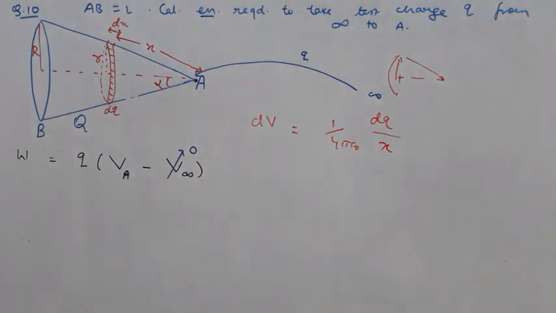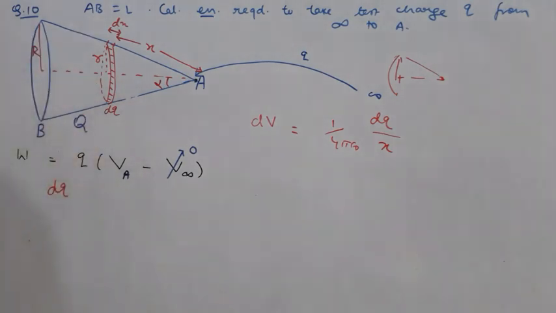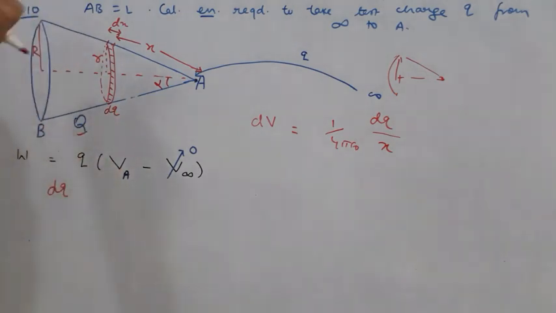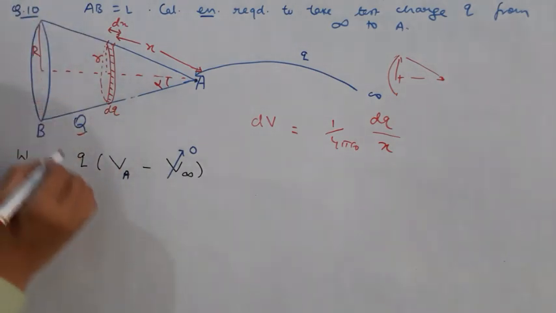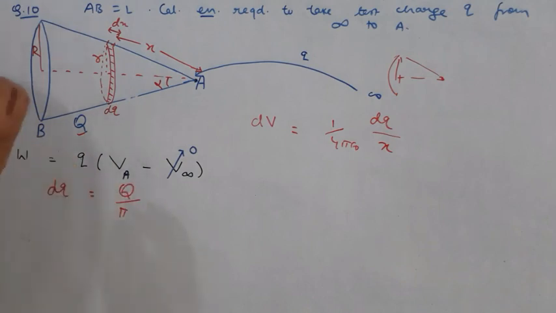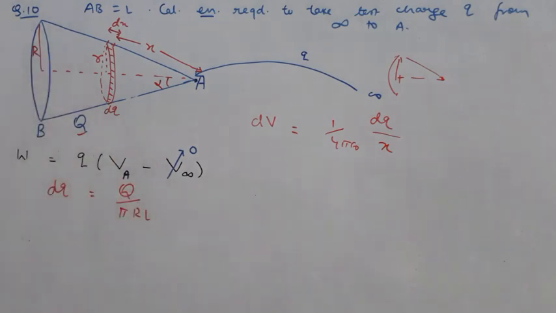Now how will we find dq? dq is the charge on this particular ring. Charge Q is distributed on the entire surface of the cone. So the charge per unit area will be Q upon pi r l. Is this clear, students? Pi r l, you should know, is the curved surface area of the cone.